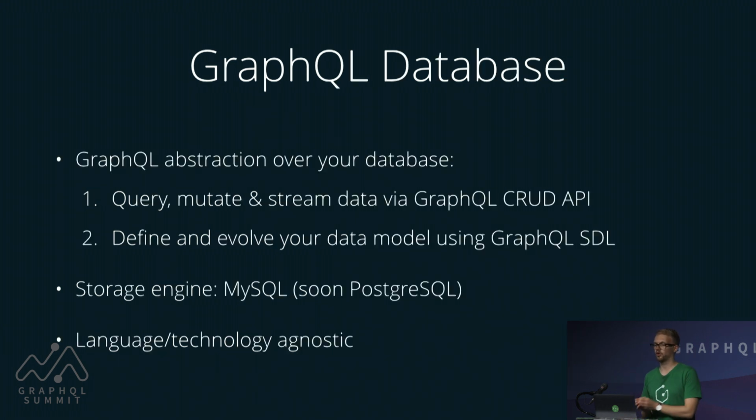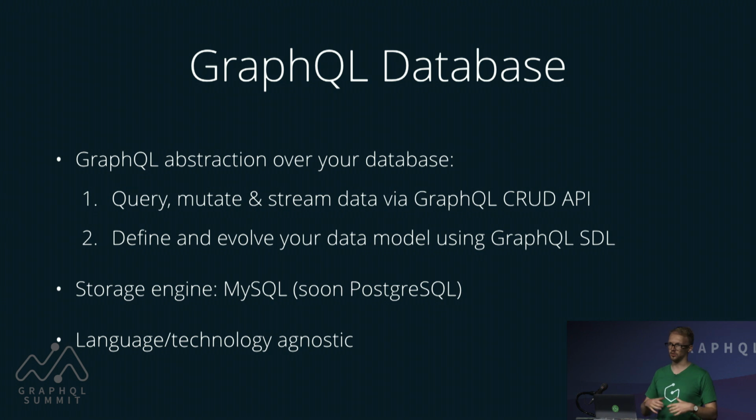At the core of the GraphQL framework is this GraphQL database. Again, it's an abstraction of an actual database. Currently, it's using MySQL as a storage engine. We are also working towards a Postgres storage engine. And it's really an abstraction in two dimensions. One, to query, mutate, and stream your data.